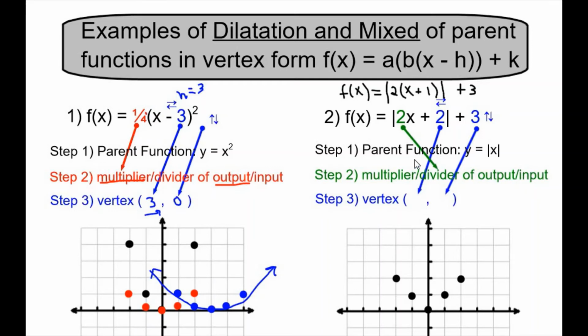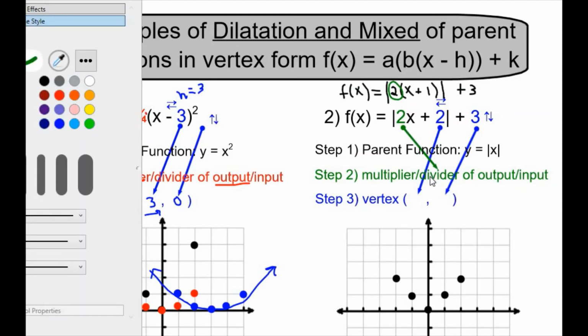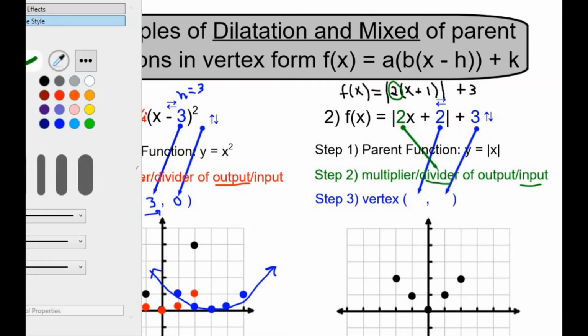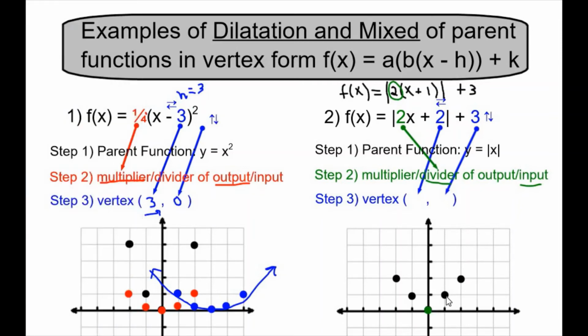The multiplier in this case isn't a multiplier, it is a divisor. That divisor right there divided all of these values to factor, so it will divide the, remember, it's inside the parentheses, so dividers affect the input, they're inside, as opposed to multipliers which are outside and affect the output. So I'm going to go over here, and the vertex will still be at 0, but this input value of 1 will now be divided by 2.